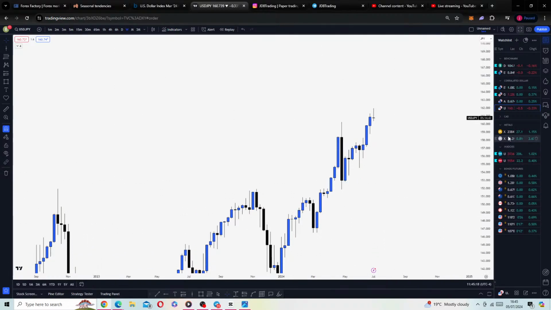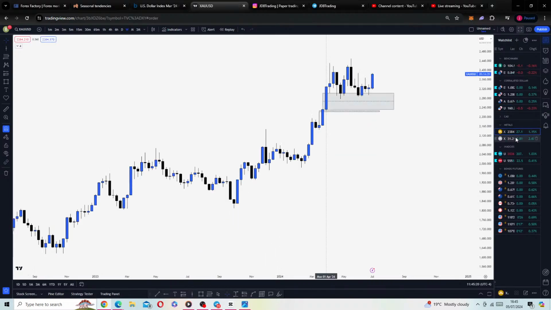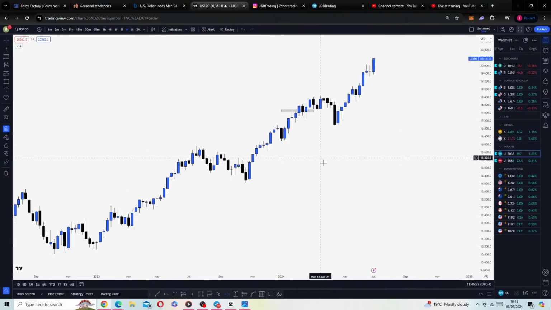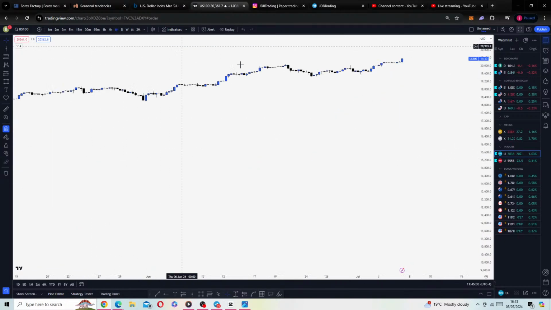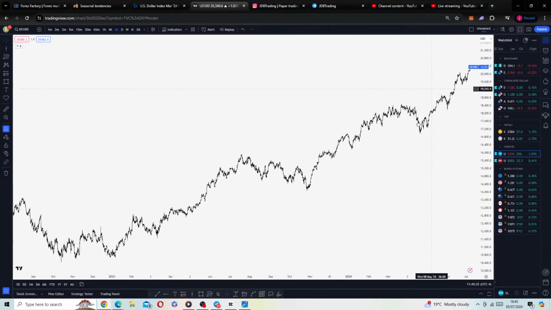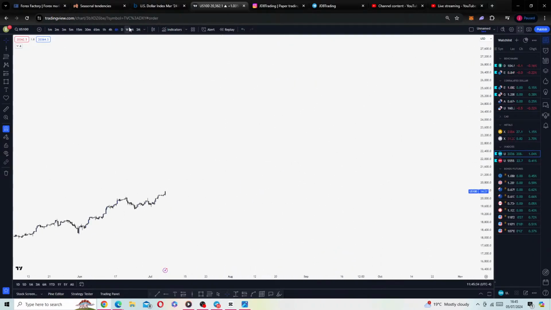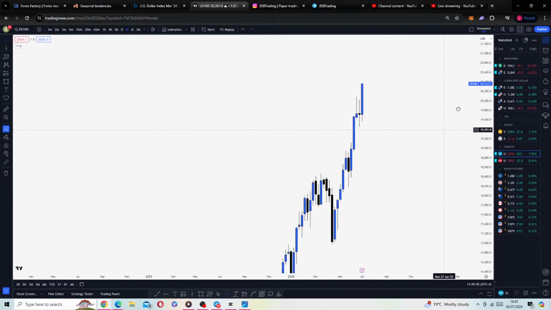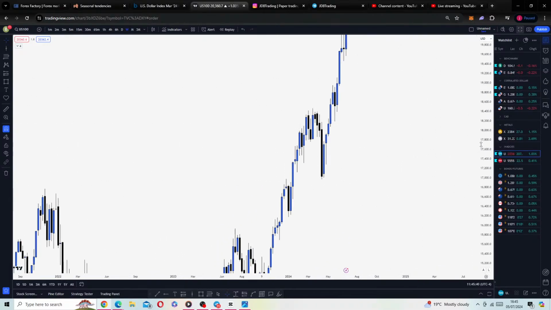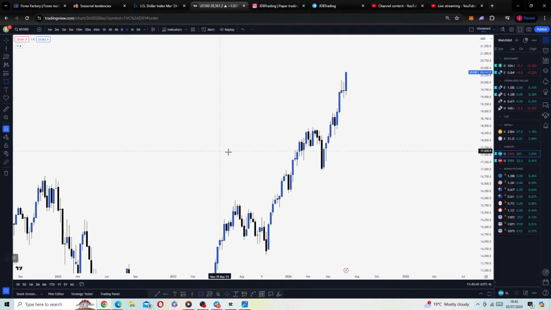I'm not going to go into indices right now, but NAS is just the nicest at the moment. It's moving really nice, and with DXY going lower this week, it's benefited a lot, and getting in trades has been nice. It's just really bullish order flow on the high time frame. Nothing's stopping it at the moment. It's just great price action.